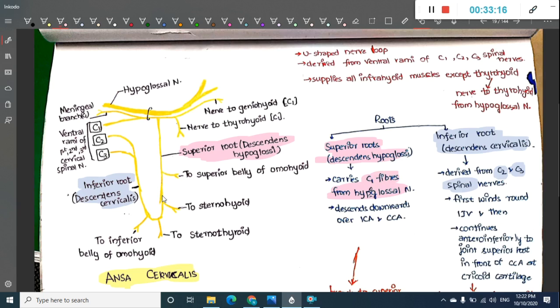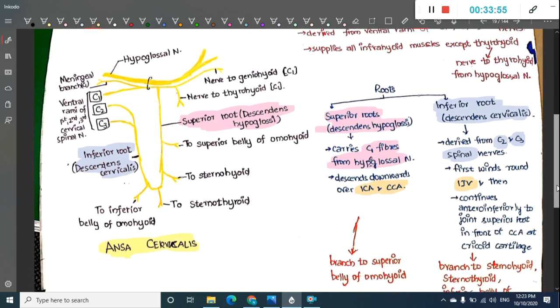This superior root will descend downwards over the internal carotid artery and common carotid artery, and this will join with the inferior root. This inferior root will wind around the internal jugular vein, and it continues with the superior root. So instead of saying wind around and everything, you can say that the superior root is related to the internal carotid artery and common carotid artery, whereas the inferior root is related to the internal jugular vein.